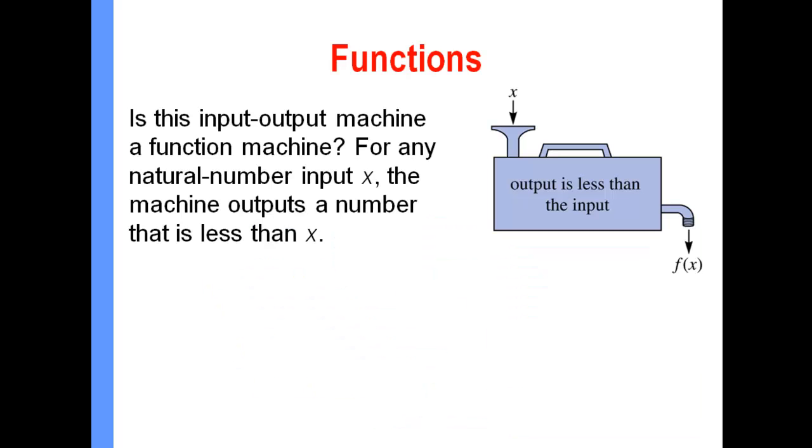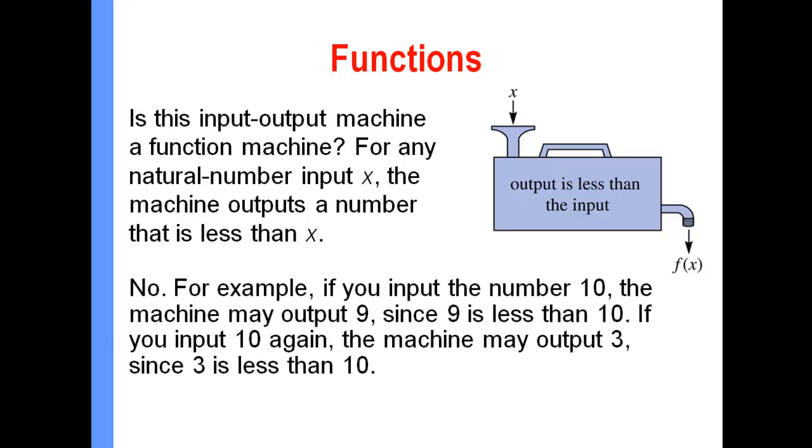Let's look at this machine. It says, is the input-output machine a function machine? For any natural number input x, the machine outputs a number that's less than x. So think about that for a second and determine if you think that is a function or not.